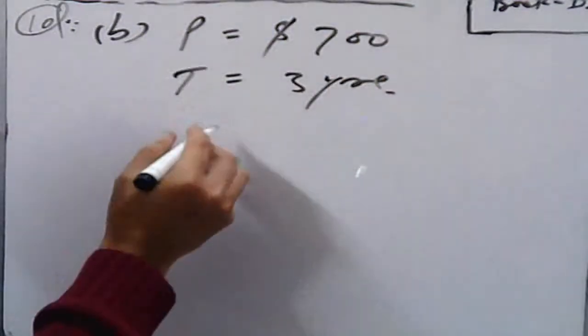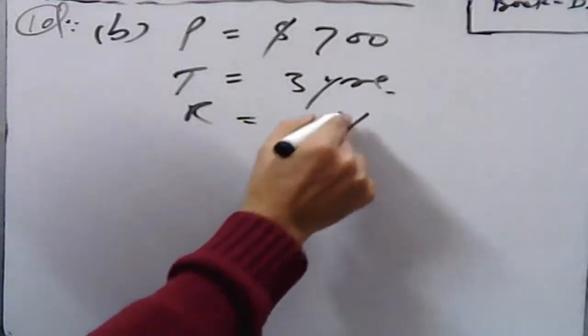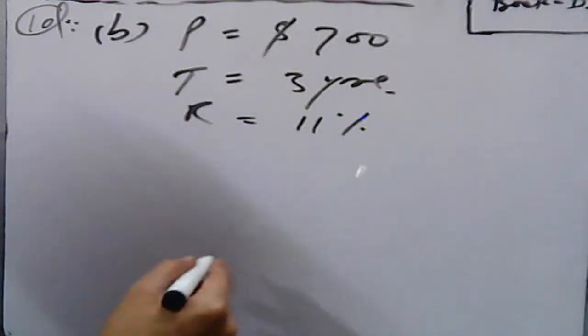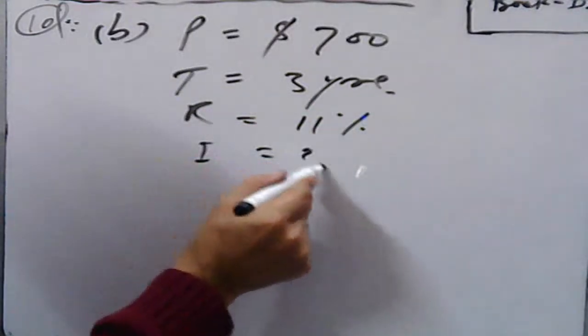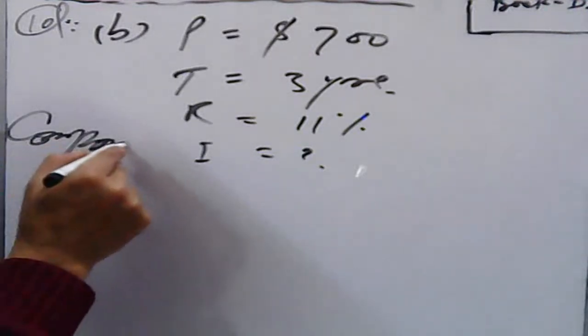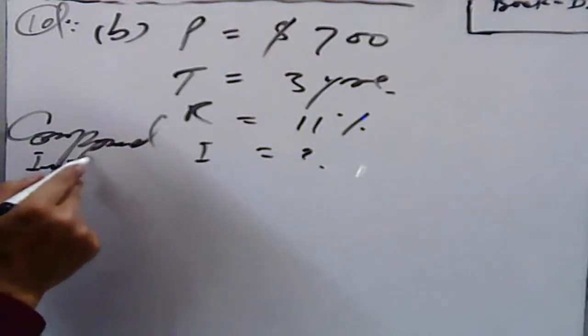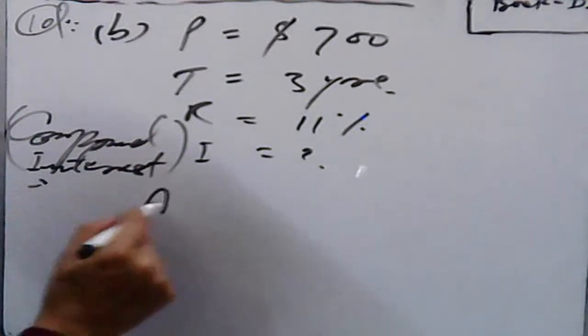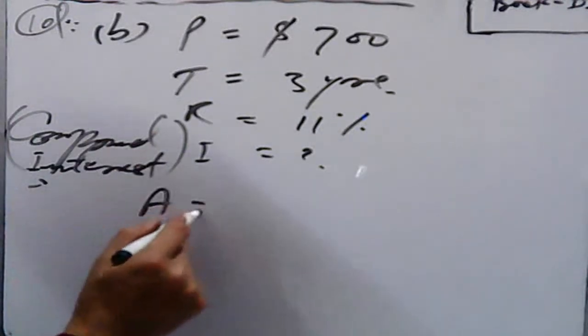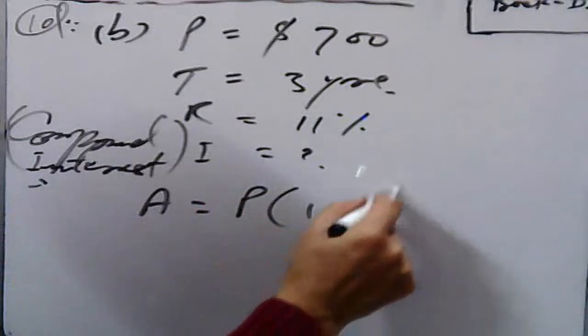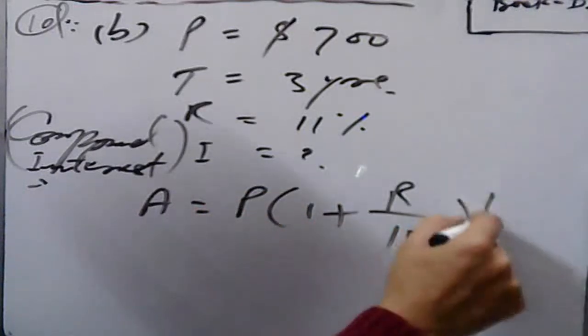Once again we have to use the same formula we used for compound interest: amount is equal to principal amount 1 plus r divided by 100 having power t. Putting the values, 700 is principal amount, 1 plus 11 by 100, power 3 years.